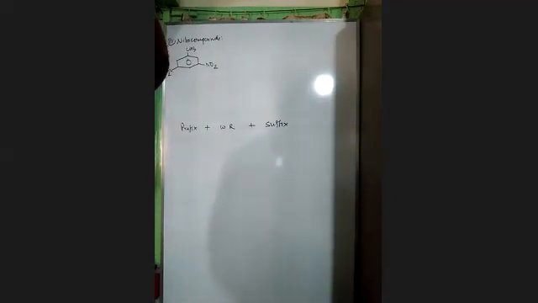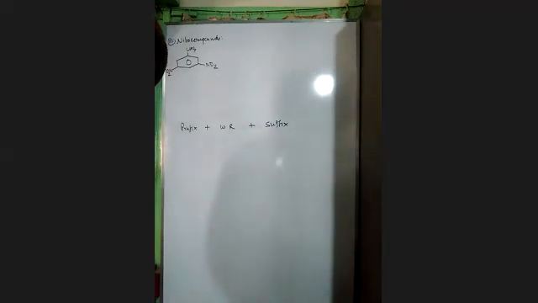Do you remember the English alphabets? M comes first and then N. So the numbering should be done on the basis of what?